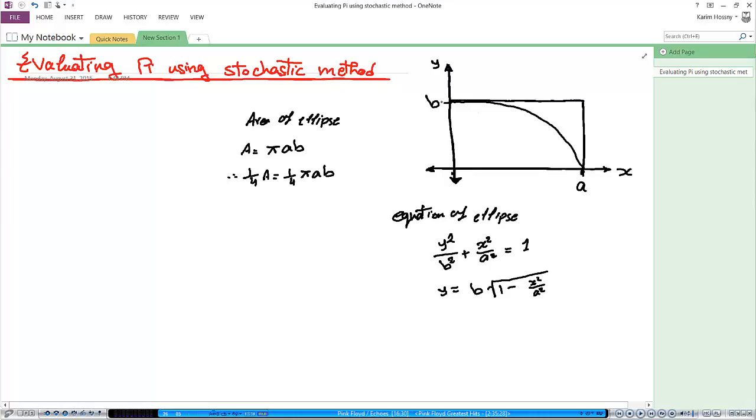Therefore, what's the ratio between the area of this ellipse and the area of this rectangle? The area of the rectangle is well known to be AB.